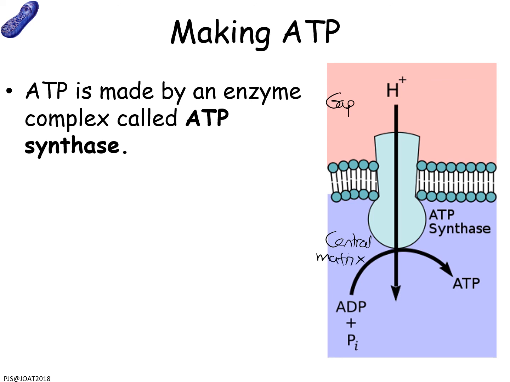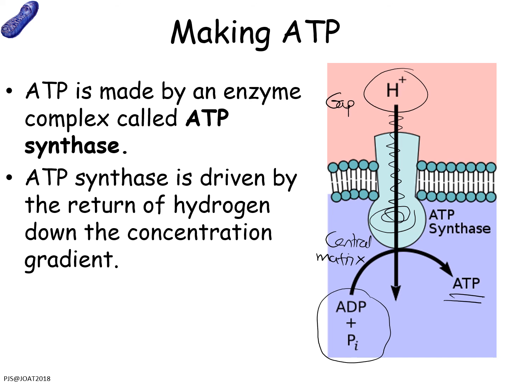Our high hydrogen ion concentration here, and it's low here, so it's going to push through, driving this, and what this does is basically it gets twisted round and round, and as it twists it manages to connect the ADP and Pi into ATP, and that's you finally used up the energy that you started with in your food.